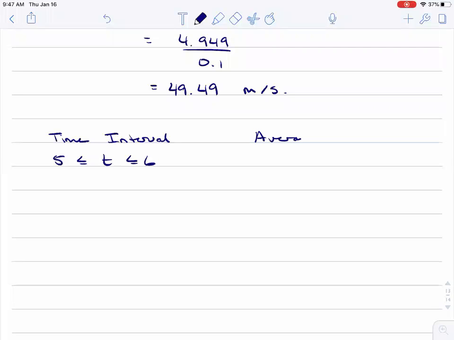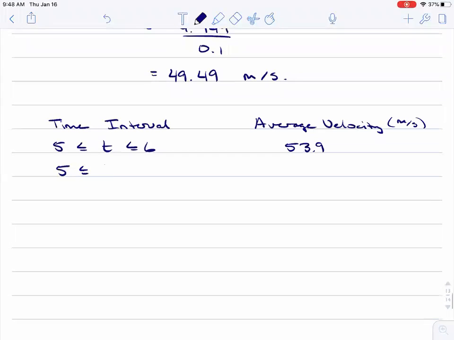Our average velocity in meters per second turns out to be 53.9. We wouldn't actually go from 5 seconds all the way to 6 seconds. We don't really care about it. But just to show you that things are changing pretty quickly.